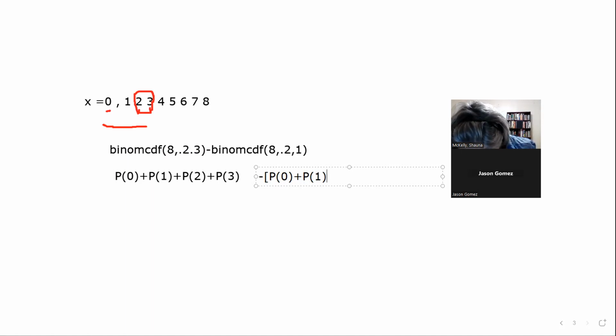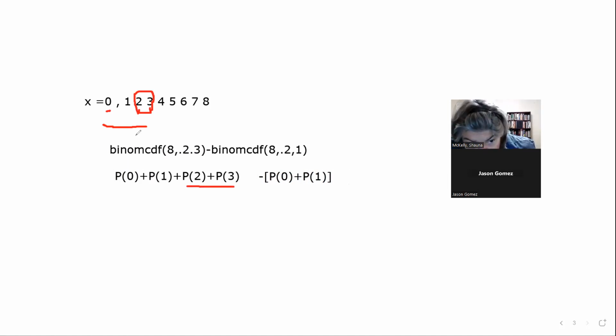When we did that, the 0 and the 1 went out, and we were left with these, which is what I wanted.